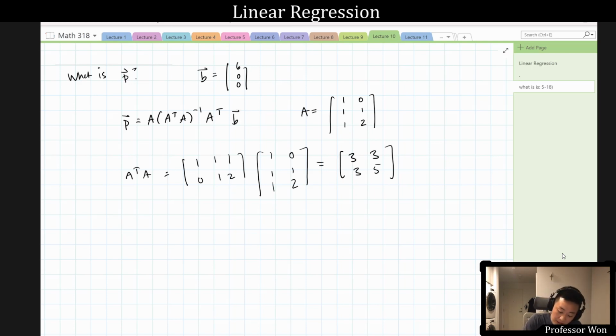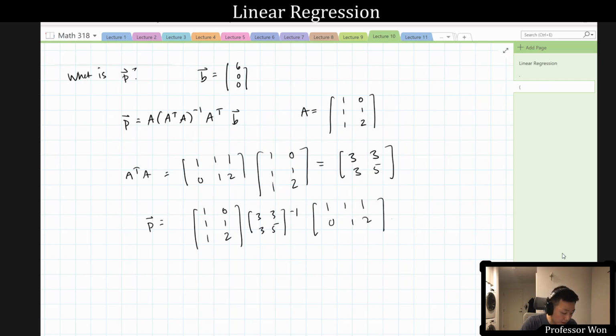Sorry, we should multiply by B here. And luckily, it's done for you in the notes to get that this is equal to 5, 2, negative 1.